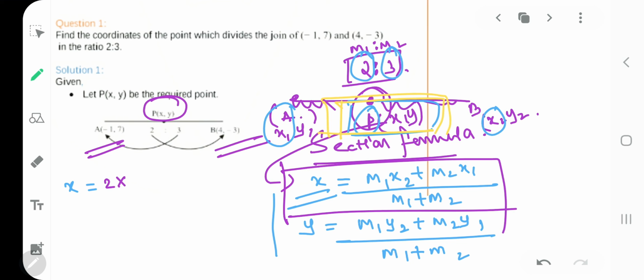Okay, m1 into x2, I'm so sorry. This is given as 4. This is minus 3. This is minus 1 and 7. So it goes something like this. Am I correct? Once you solve this, you will get the value of x as 1.